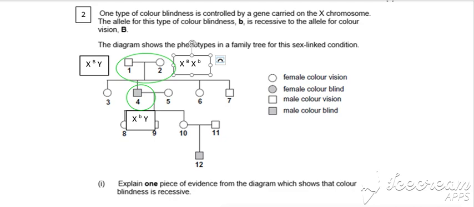Looking at the genotypes, individual 1 is male, therefore their sex chromosomes will be X and Y, and they have colour vision, therefore they will have a capital B on the X chromosome.